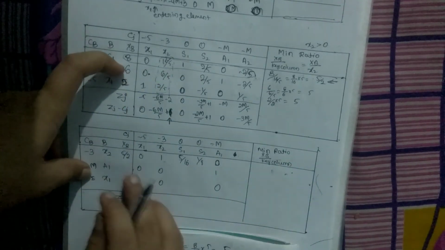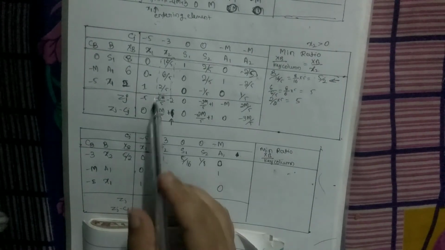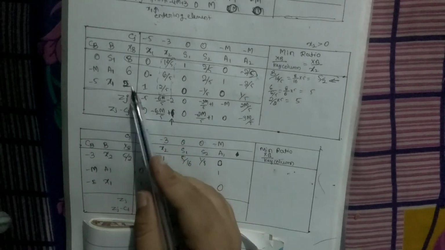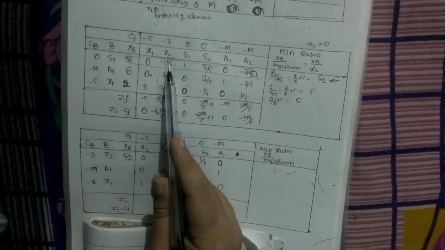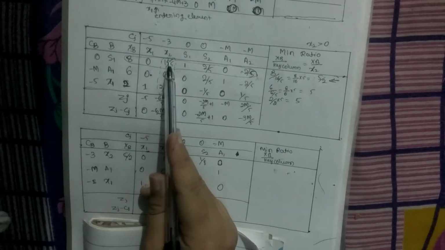Then the remaining values are found in the format of multiplication, that is, the key element, which we have to find at this place, multiply by the key element and the corresponding opposite element divide by the key element.